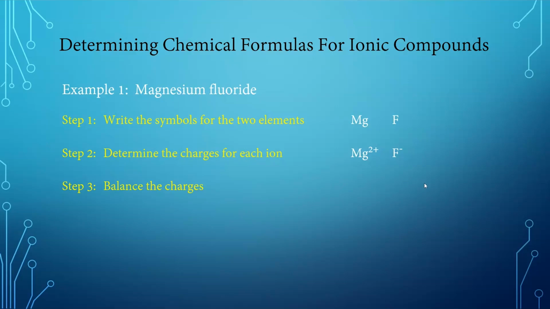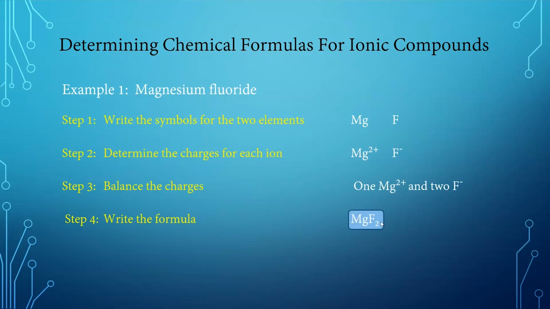If you remember nothing else, remember this: the pluses have to equal the minuses. So to make that happen, we're going to need 2 fluoride ions to go with our 1 magnesium. That will give us 2 pluses and 2 minuses, and then we simply put those together to write our formula. So 1 magnesium and 2 fluorides, it's simply going to be MgF2.